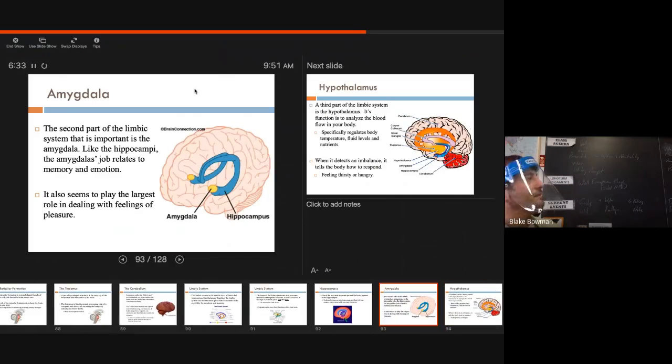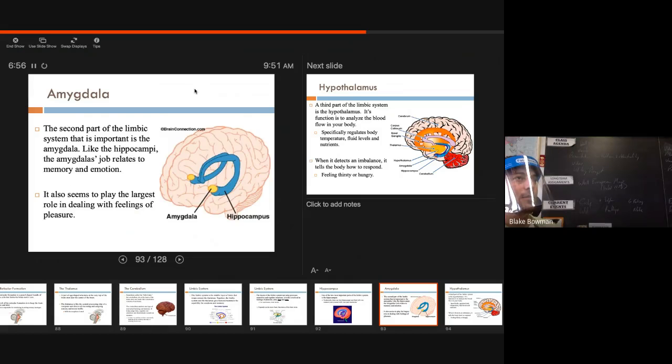But hippocampus, again, present and past memories. All right, amygdala. Okay, amygdala. These are little bulbs that branch off the hippocampus, and this relates memory and emotion. The biggest thing is feelings of pleasure, okay? So happiness.